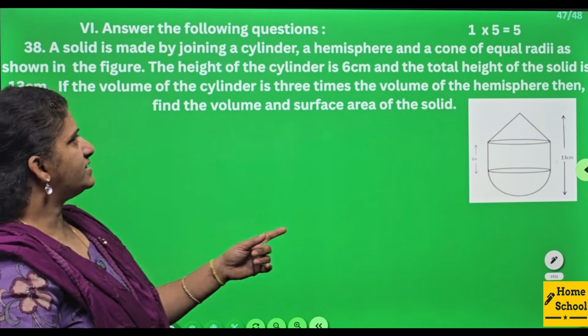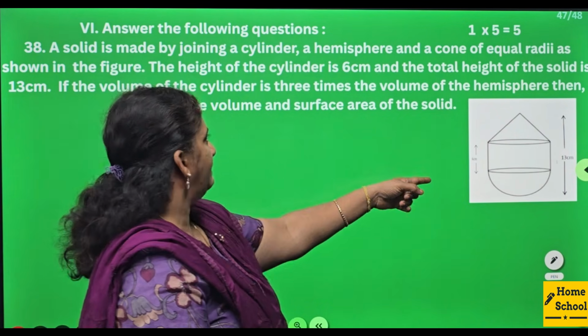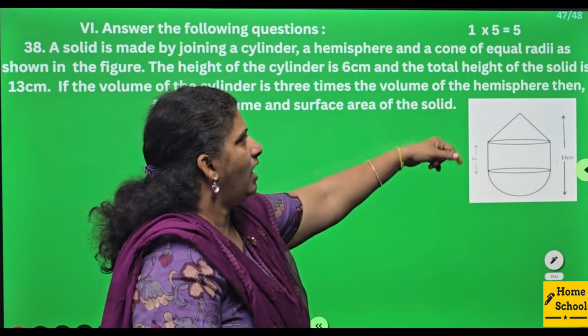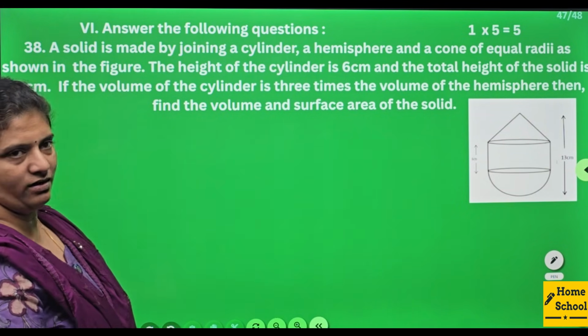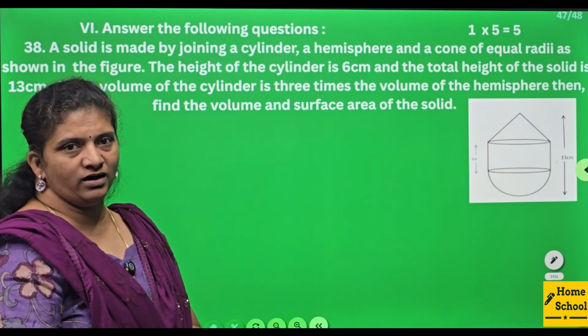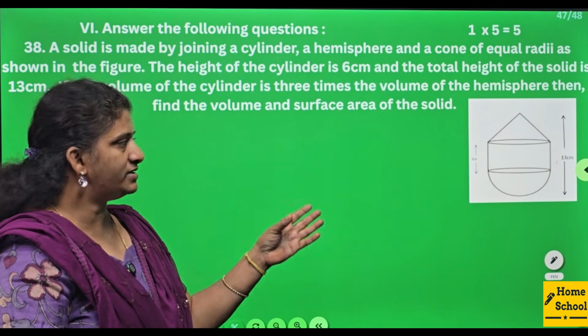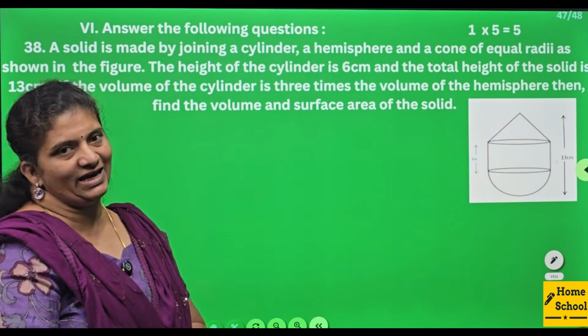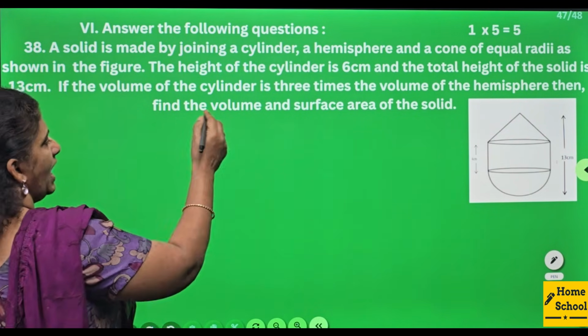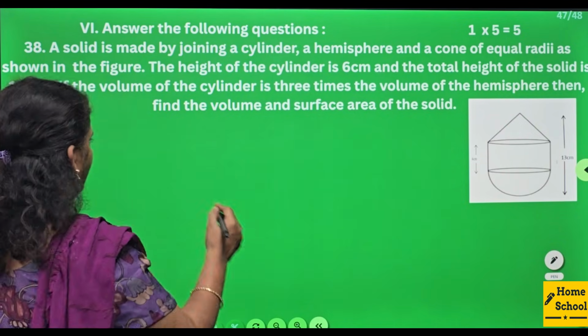38. A solid is made by joining a cylinder, a hemisphere and a cone of equal radii as shown in the figure. You can see a figure. It is a combination of solids, hemisphere, cylinder and a cone, all having equal radius. The height of the cylinder is 6 centimeter.